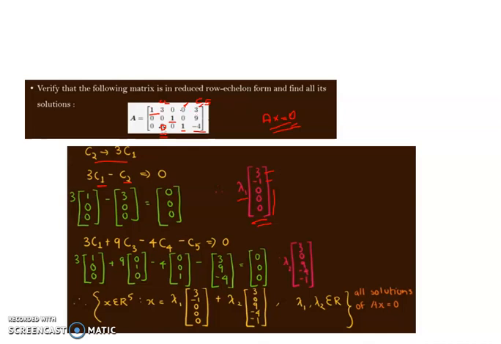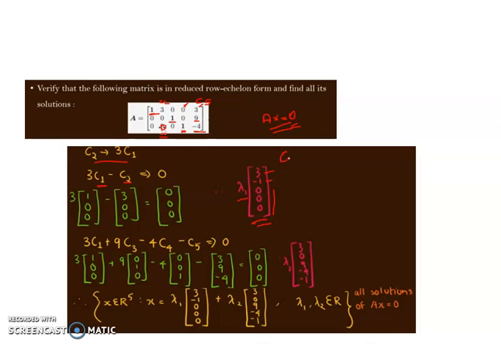How will you represent it? That is 3C1 plus 9C3 minus 4C4 is equal to C5.